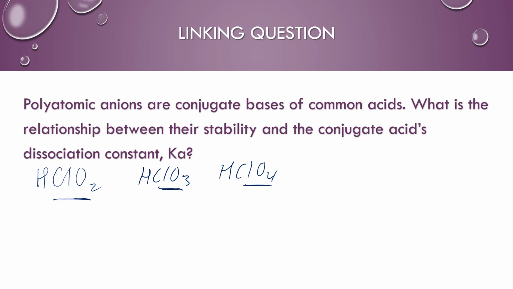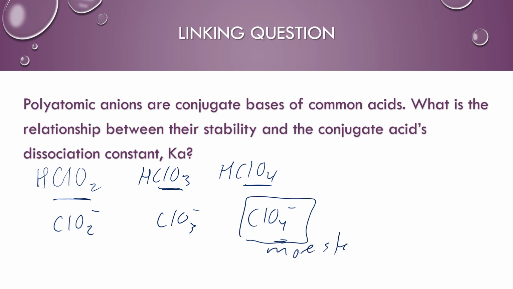The more oxygens there are, the more stable the anion is. So when you have ClO2 minus, ClO3 minus, and ClO4 minus, the additional oxygens help to stabilize the ion through the delocalized electrons. So since this is more stable on its own, it's easier for the hydrogen to leave, because it's leaving behind an ion that's very stable.